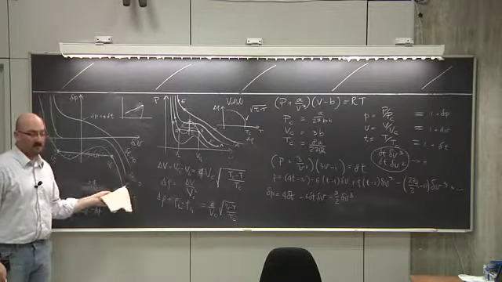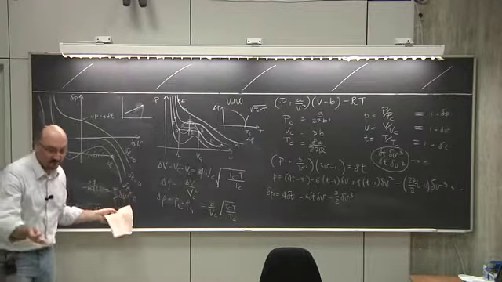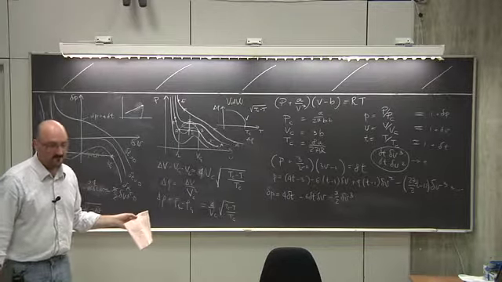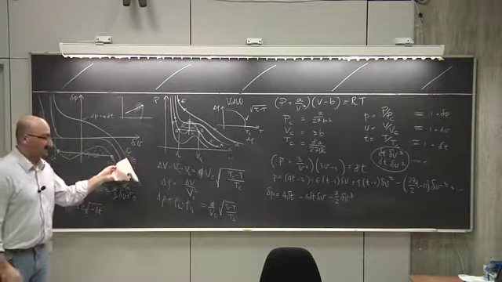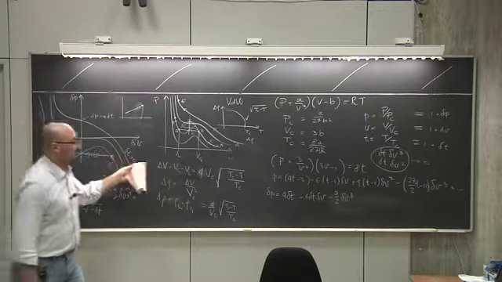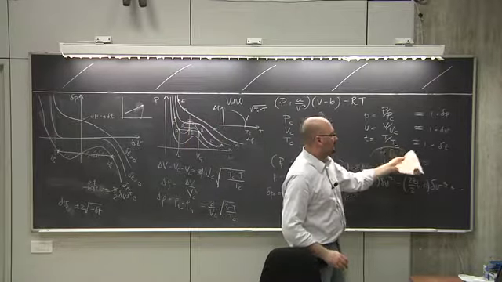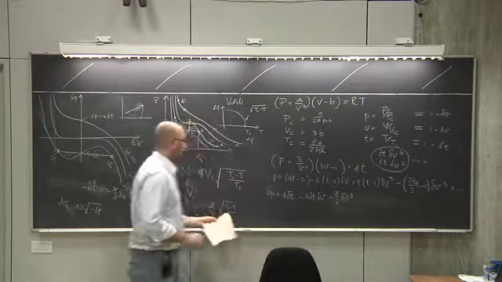Larger than 0, or less than 0? What do you think? Larger than 0. So it's larger than 0, right? Because T divided by Tc is larger than 1 if delta t is larger than 0.